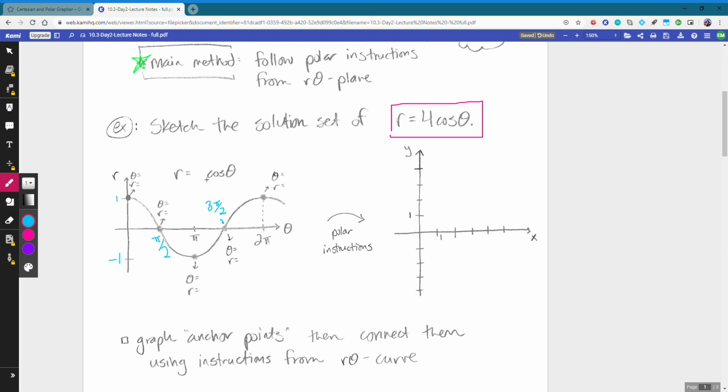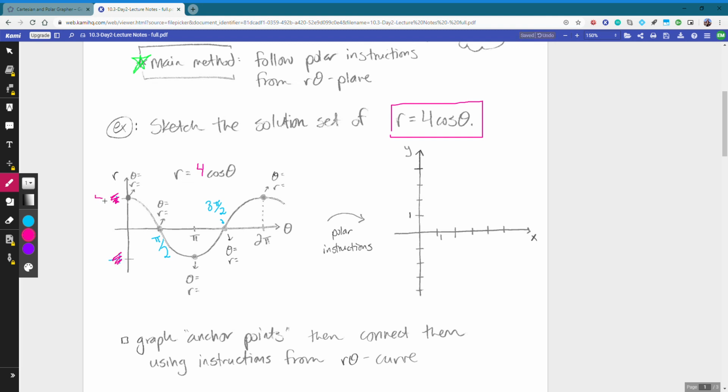But we don't want a graph just of cosine, we want a graph of 4 cosine theta. And that's going to take our cosine function and stretch it by a factor of 4. And here we can do a little magic trick and get a graph of 4 cosine theta just by adjusting our axes, right?